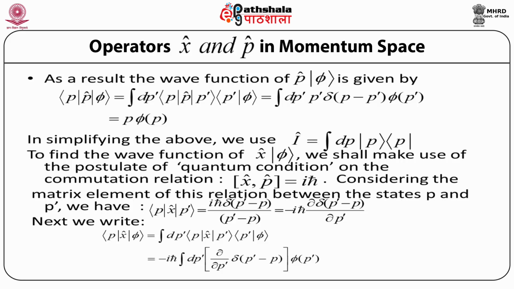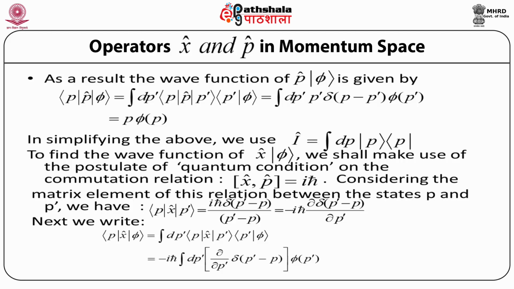Considering the matrix element of this relation between the states p and p prime, we have bra vector p, operator x, ket vector p prime equal to i h cross delta(p minus p prime) minus p upon p prime minus p, which is equal to minus i h cross del by del p prime delta(p prime minus p).